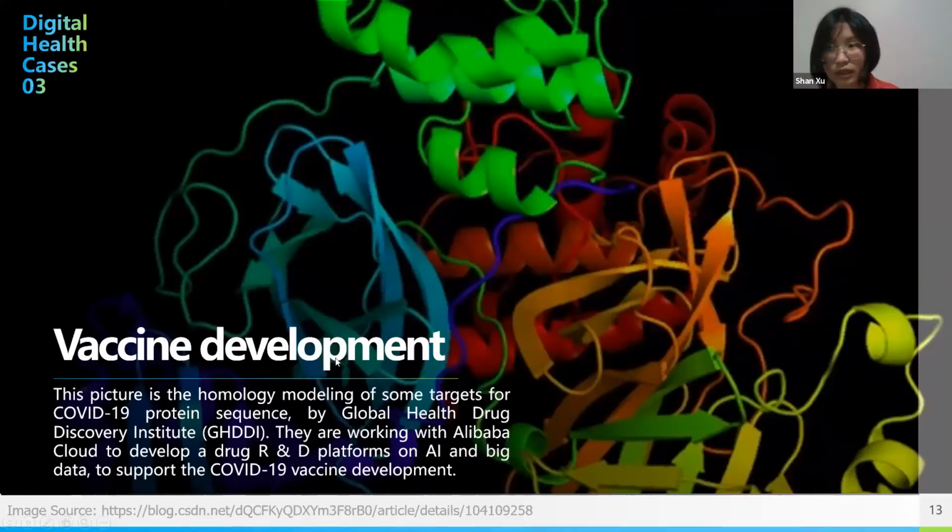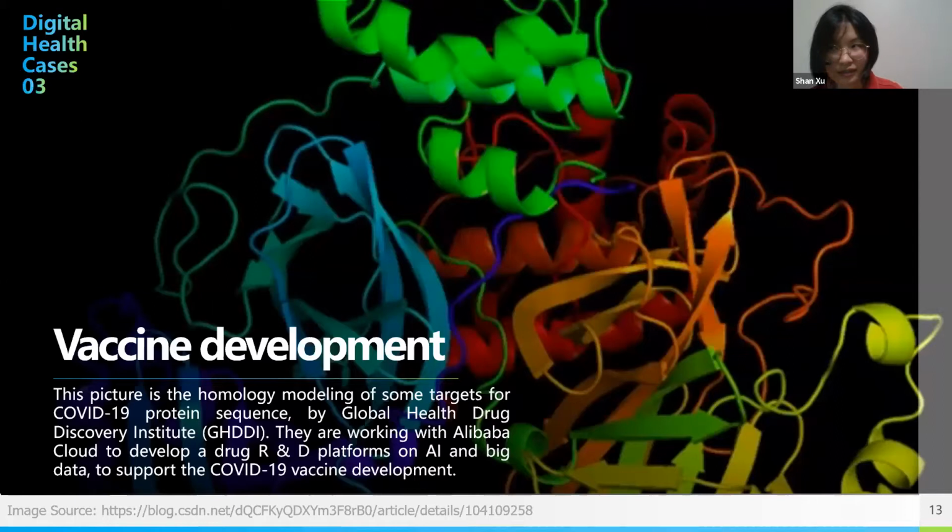And also, apart from diagnosis in the clinical line, AI also has great potential to support vaccine development. And you might probably have heard about the double ten principle in the pharmaceutical industry.